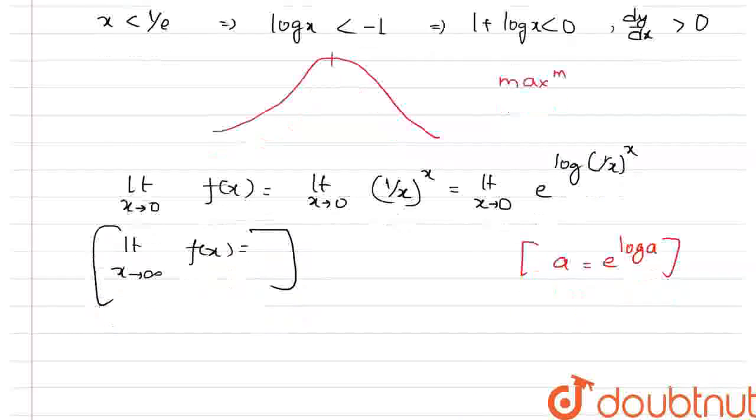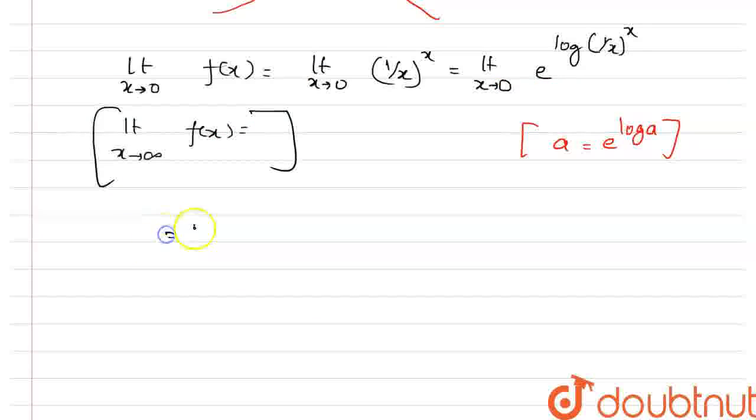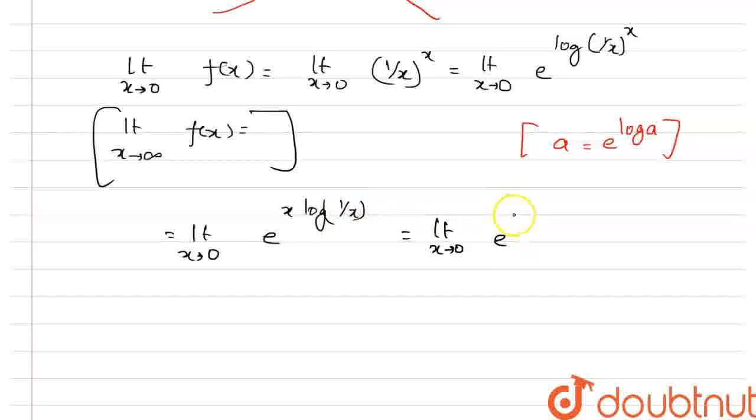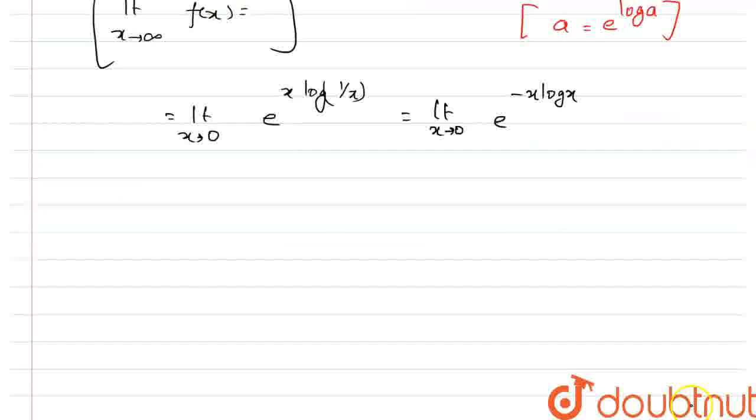So this will be equal to limit x tending to 0 of e to the power, this x will go here, x log(1/x). This will be equal to limit x tending to 0 of e to the power, log(1/x) can be written as minus log x, so minus x log x. We'll simplify it further.